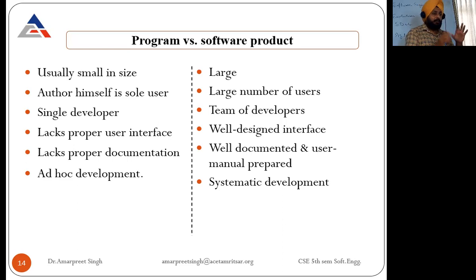Very little documentation is needed in a program, but a very well documented user manual is prepared for the software product. In a program, the development is ad hoc, but in a product the development is systematic. So here we complete the first part of today's lecture.